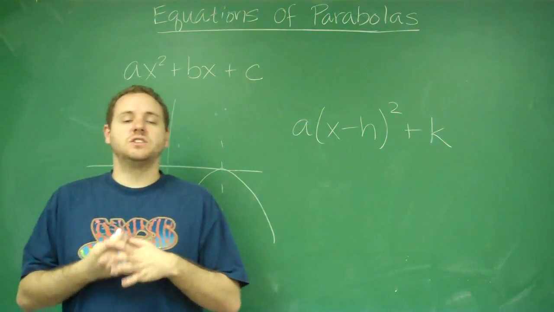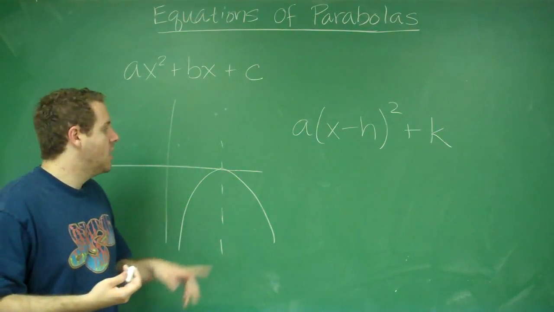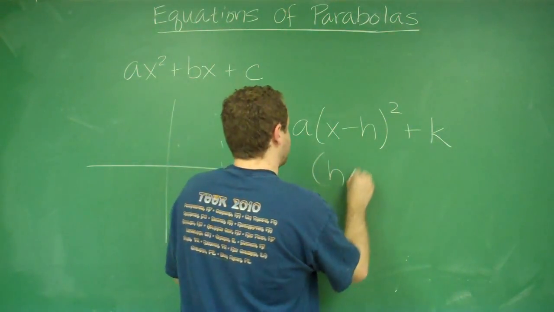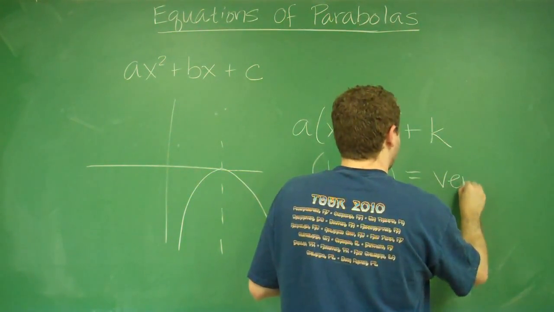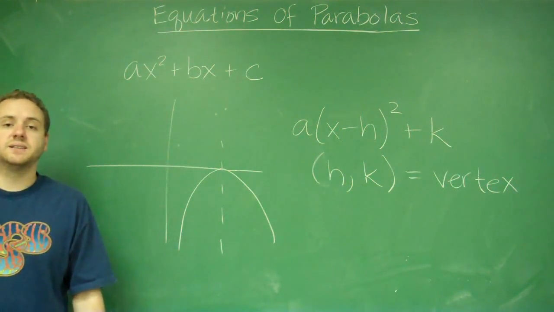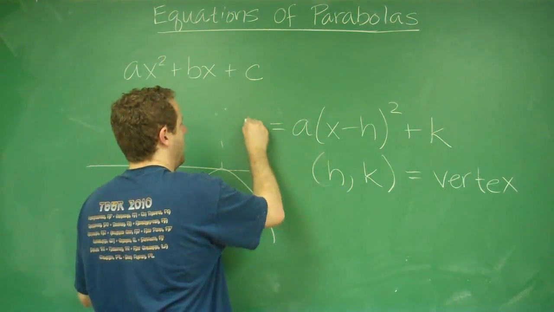In this case, h and k don't stand for the center because there really is no center on this type of graph. What they stand for is the vertex. So h, k are the coordinates of the vertex of the parabola, and this is equal to y.